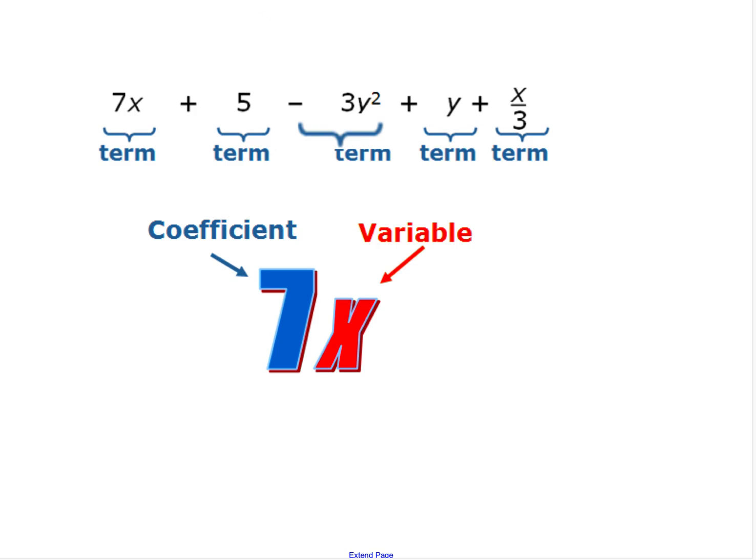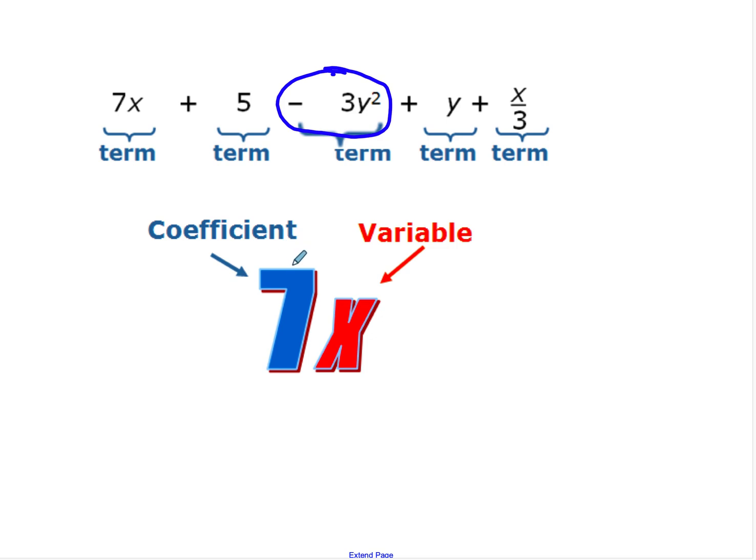Now sometimes you'll see them with subtraction signs, and the subtraction sign is considered part of the term, which is why on this one you can see this minus sign included in the bracket below. And that's because that negative is part of the whole term.